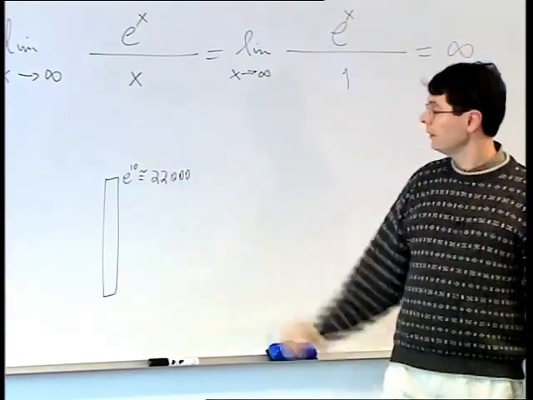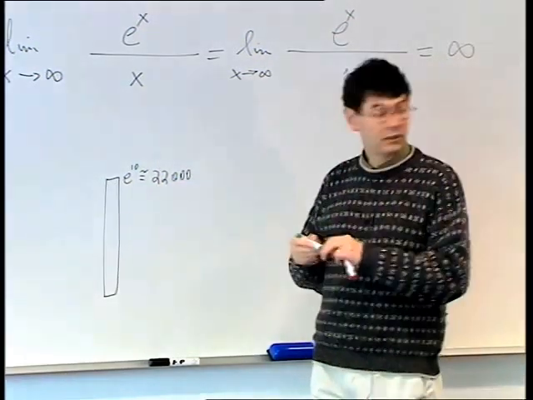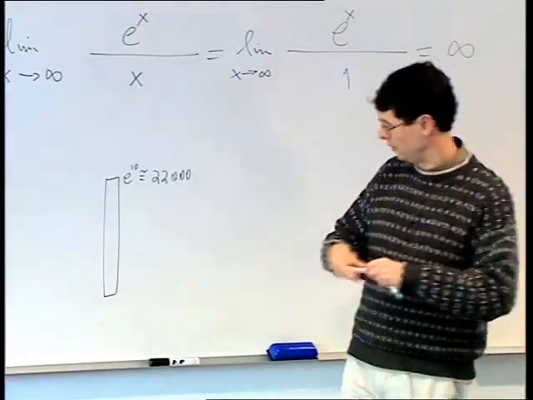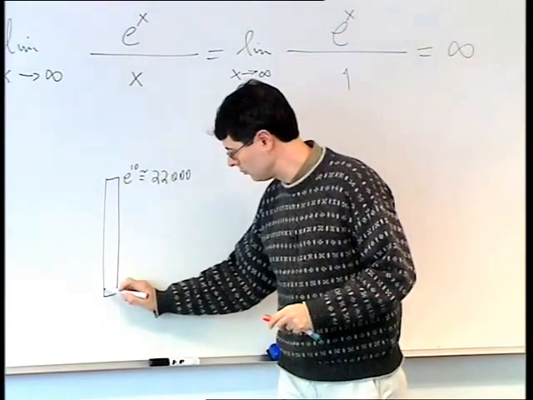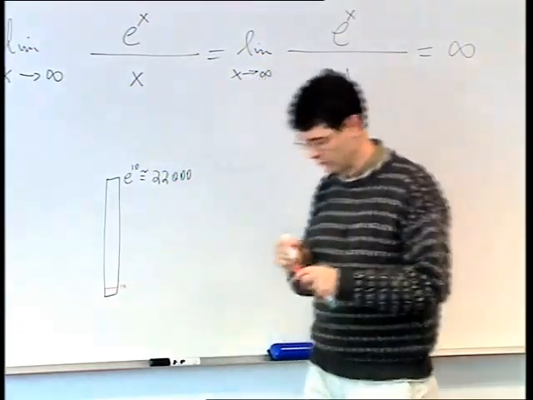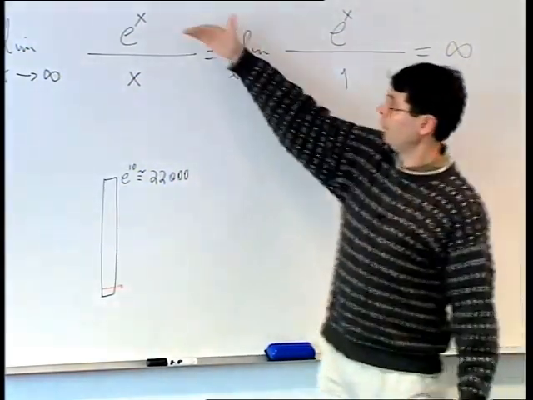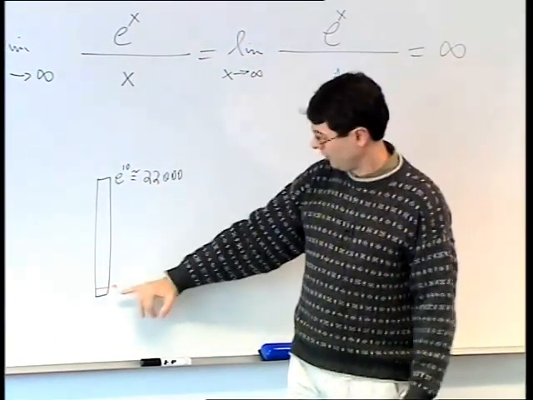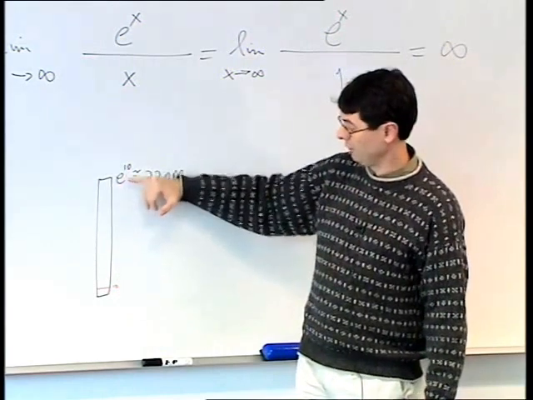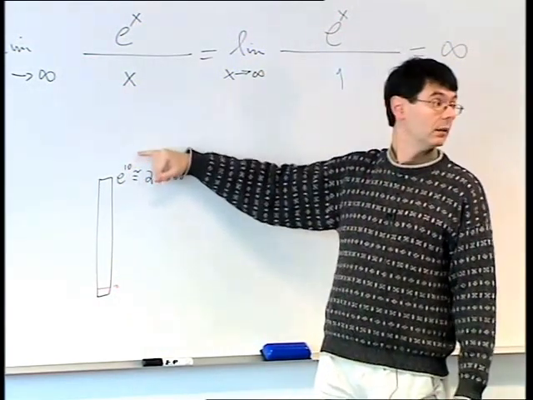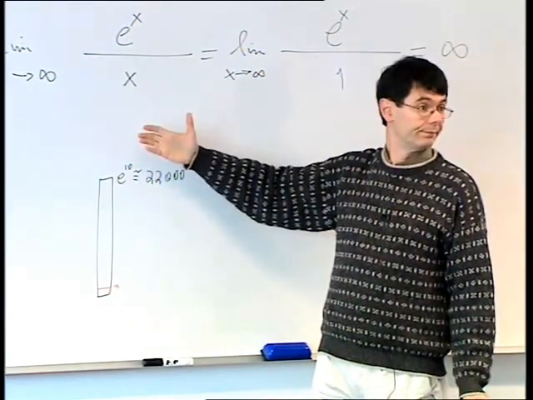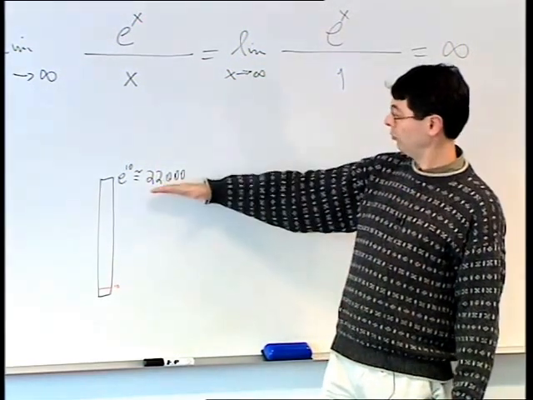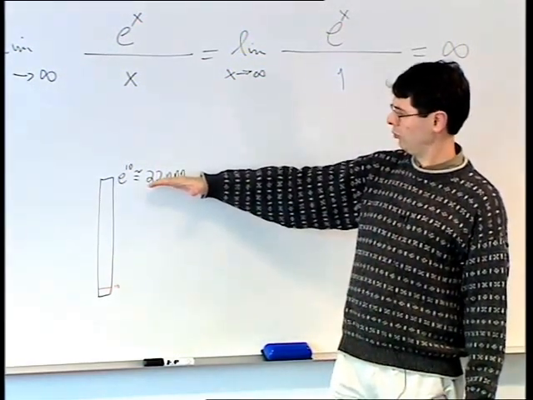So it's e to the 10 divided by 10. So this quotient here is like a fraction. How much more than 10 is e to the 10? About 2.2 thousand more.